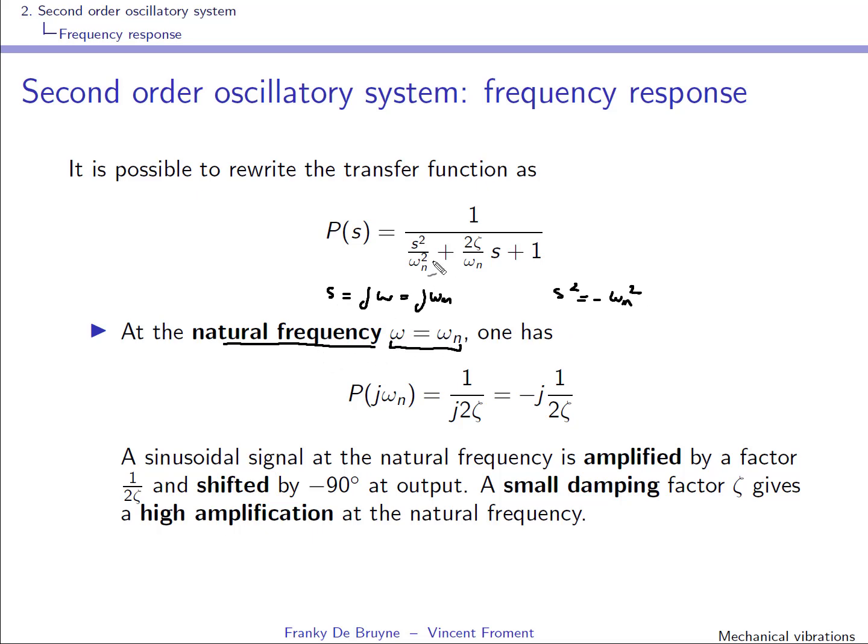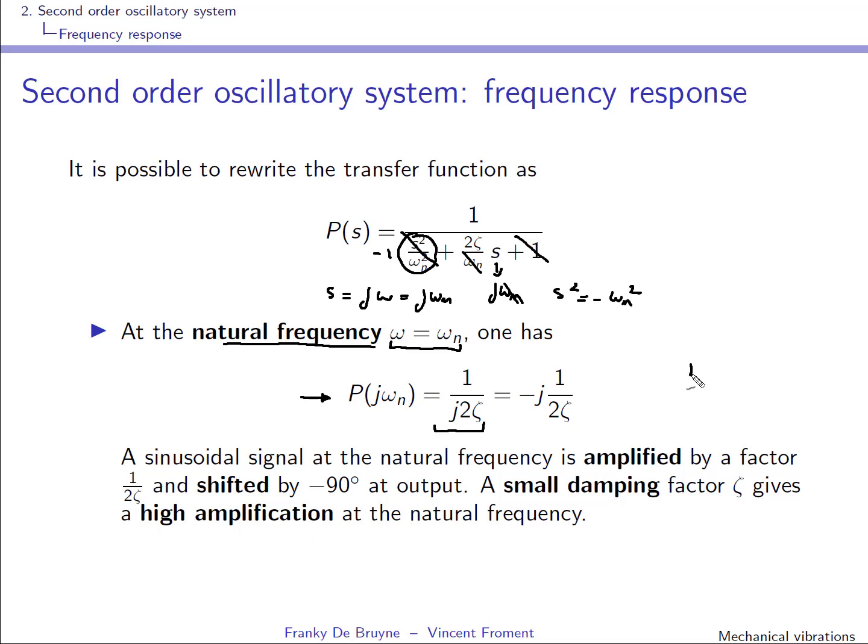So at the natural frequency you have minus 1 over here and 1 over here, so these two terms compensate each other. You can replace this one by j omega n. Okay, so this one and this one will compensate, and then you have that the transfer function at the natural frequency is given by this quantity.